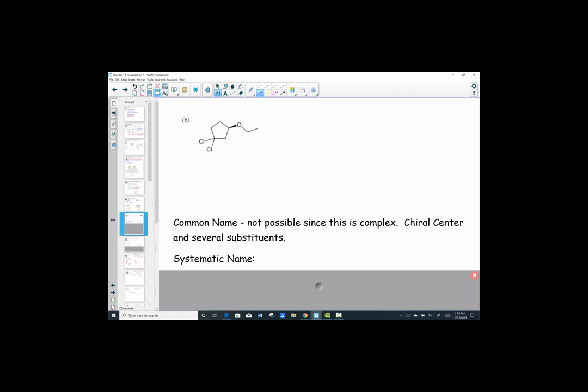You notice my note here on the slide said we're not going to be able to give it a common name simply because it's too complex. As soon as we see a chiral center and several substituents, we know there's no common name. We have to indicate the chirality. So again, we're going to tackle this by finding the longest carbon chain, which here I can see is the cyclopentane.